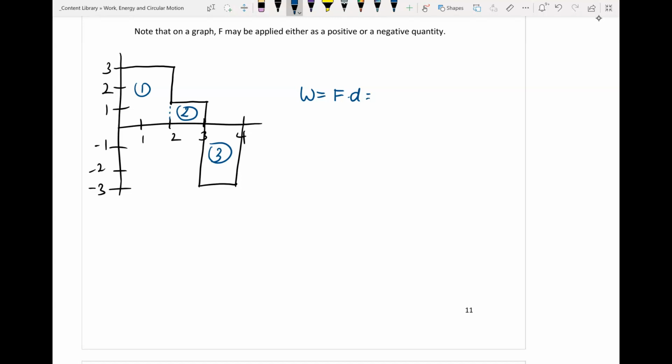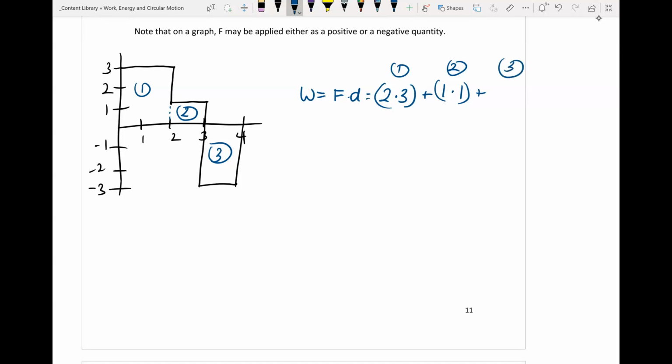So for our first area, we have a rectangle along the x-axis. This is 2 multiplied by our height, which is 3. So that's area 1. Area 2 is 1 times 1. Our base has a length of 1 and our height is 1 for that square.